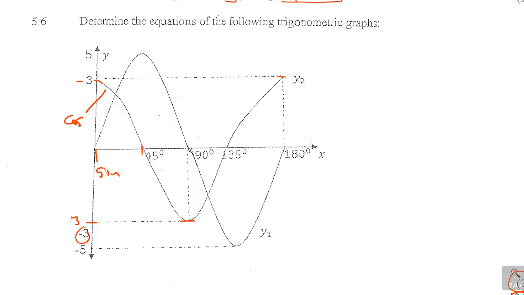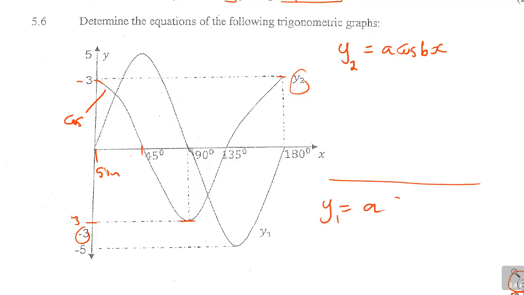You understand? So you've got the general form. This is for y2, which is equal to a cos bx, because it's the graph for cos. I come down there and do y1, which is a graph for a sine bx. So my part is to find the a and the b's.